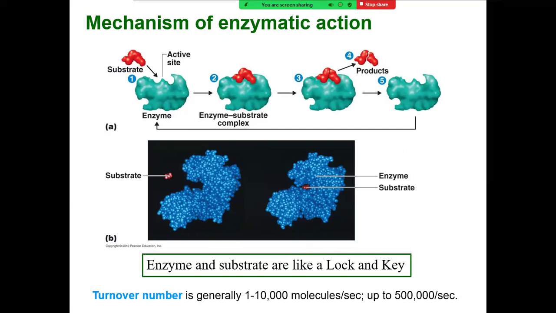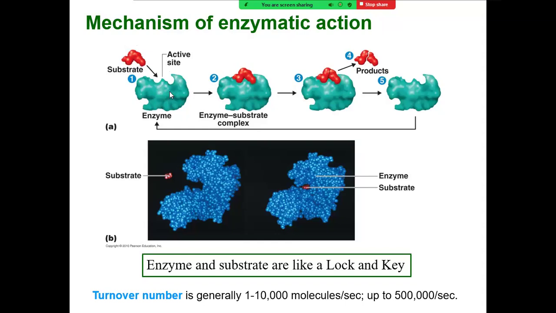And remember, when that happens, we have an enzyme substrate complex. It's not an enzyme and not a substrate. It's one molecule, the enzyme substrate complex, that puts stress on the chemical bonds of the substrate, making them more likely to form the chemical bonds in the products.